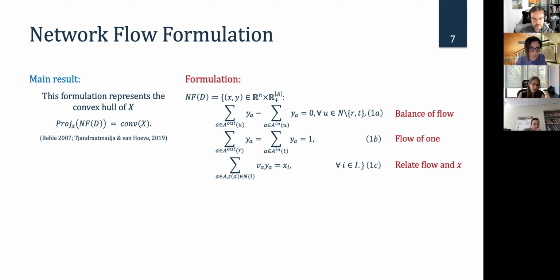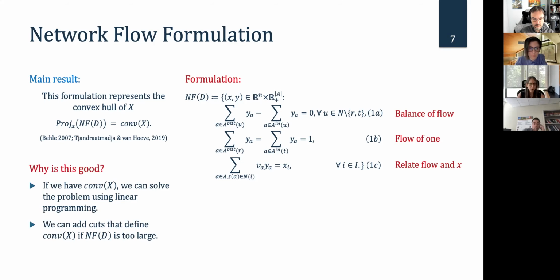This was proven in 2007 for the binary case, and then quite recently extended for when we have MDDs, or decision diagrams with integer values. And why is it good? Well, as I said before, if we have the convex hull, we can solve the problem using just linear programming. So we don't need to do any branching or any type of search. We can just give it to a linear programming solver and it will give us the solution.